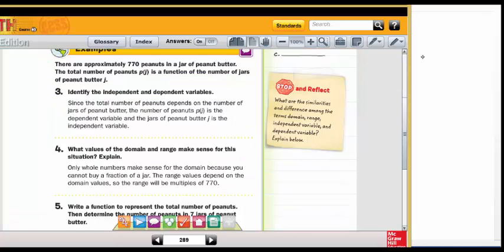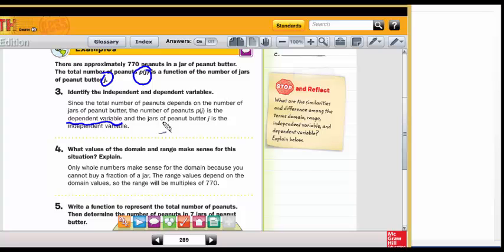Problem number 3. There are approximately 770 peanuts in a jar of peanut butter. The total number of peanuts, that would be P of j, is a function of the number of jars of peanut butter, j. It asks us to identify the independent and dependent variables. Since the total number of peanuts depends on the number of jars of peanut butter, the number of peanuts is dependent on how many jars we intend to fill with peanut butter.